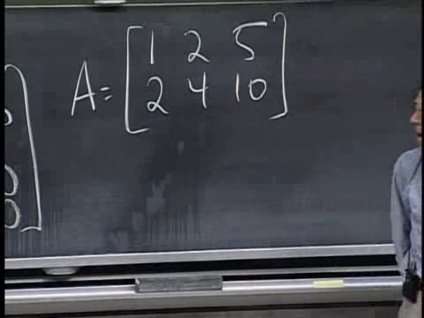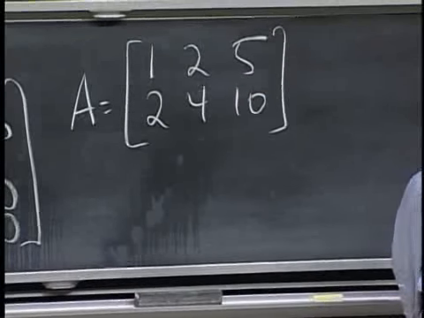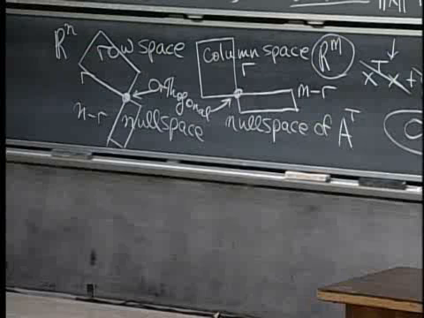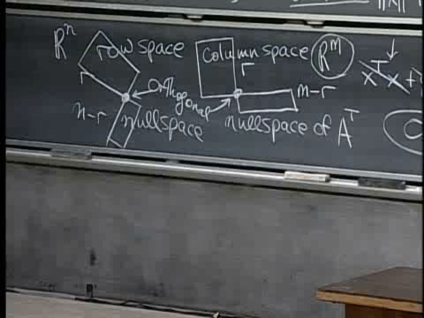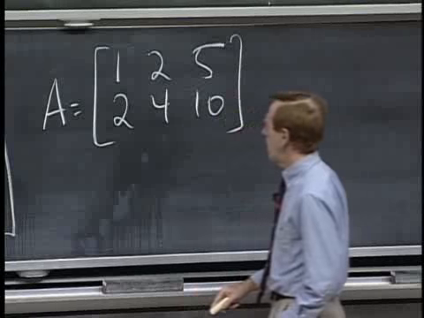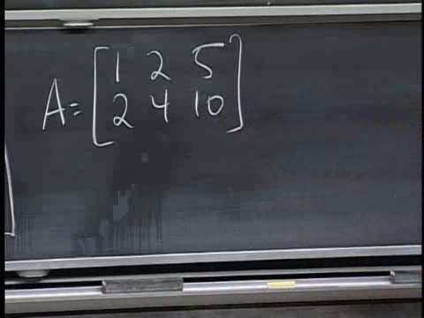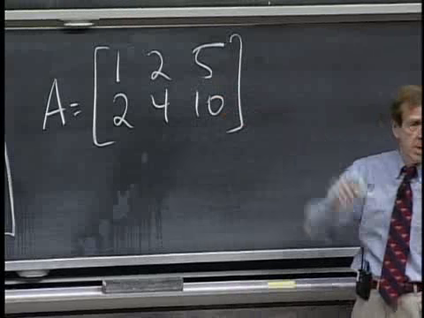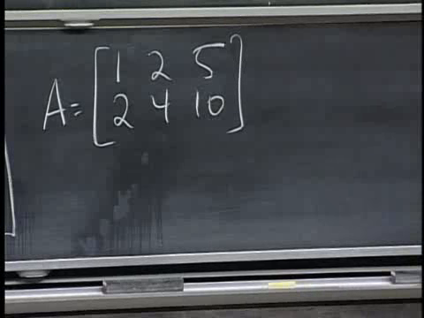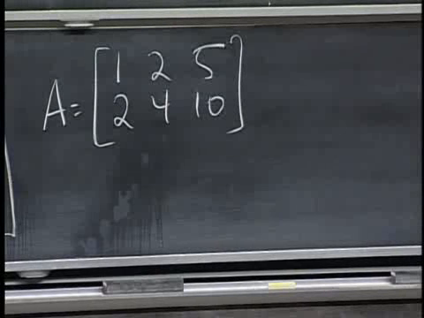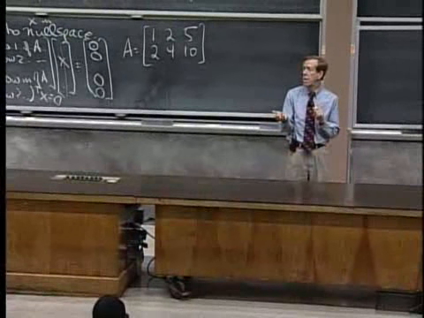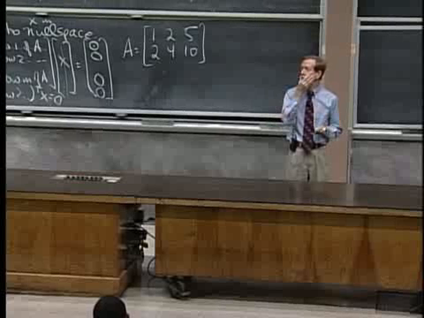What's the dimension of that row space? 1. What's the dimension of the null space? What's the null space look like in that case? The row space is a line, right? One-dimensional. It's just a line through 1, 2, 5. Geometrically, what's the row space look like? What's its dimension?